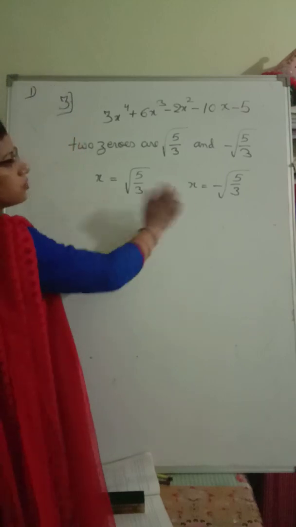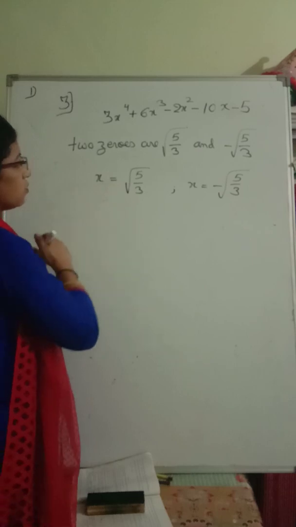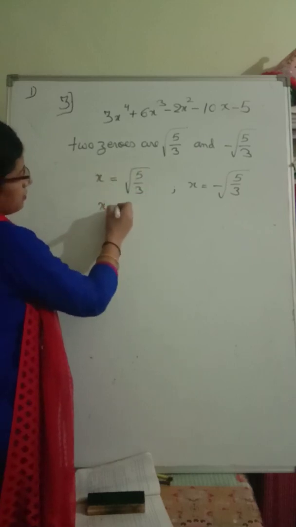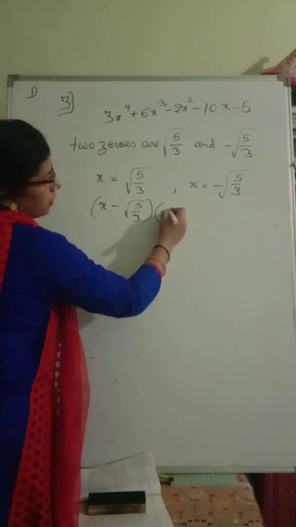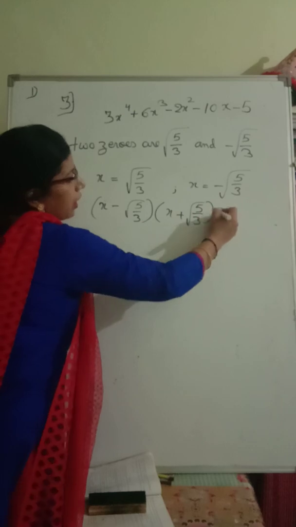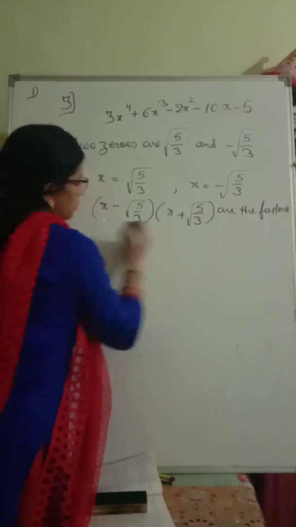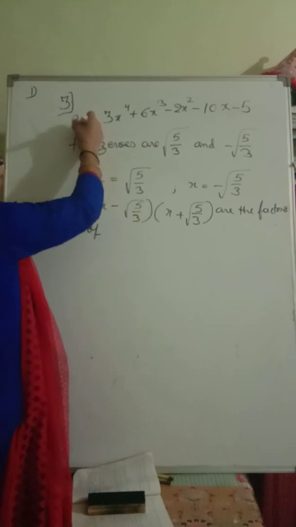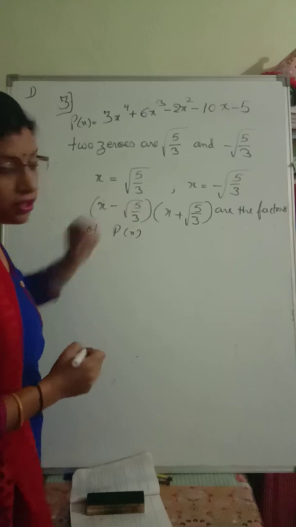Find the factors of this polynomial from these zeros: x minus root 5 upon 3 and x plus root 5 upon 3 are the factors of this polynomial p of x.